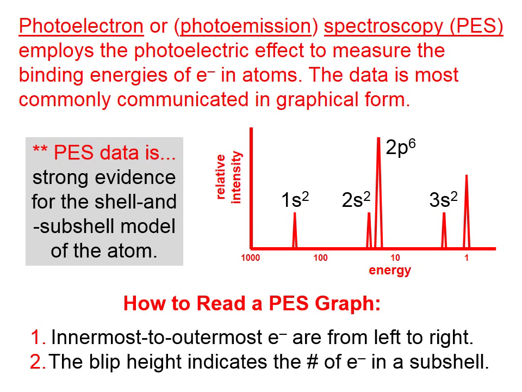Then we have 3s2, and let's see, what would this next one be? 1s2, 2s2, 2p6, 3s2, and next comes 3p. 3p what? Well, this one is twice as tall as the 3s2 blip, so our best guess would be 3p4. And if we were looking at this on a periodic table, we would count that there are 16 electrons there, and that this graph might represent the element with 16 electrons, that is silicon.